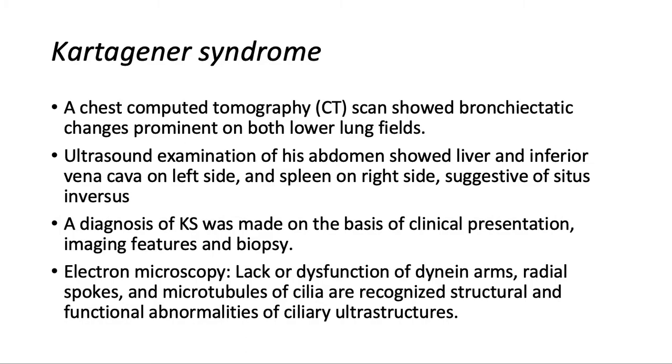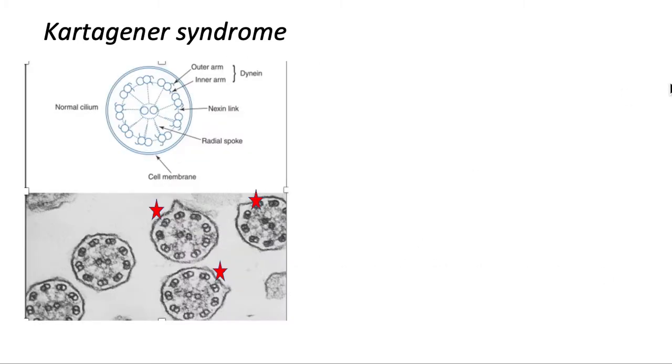Electron microscopy showed lack or dysfunction of dynein arms, radial spokes, and microtubules of cilia. They were recognized as structural and functional abnormalities of ciliary ultrastructures, encoded by the mutated genes DNAI1 and DNAH5.